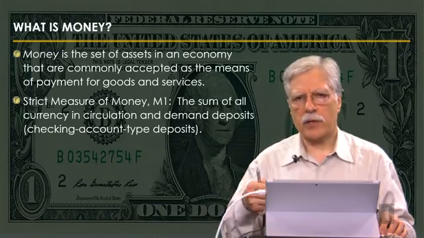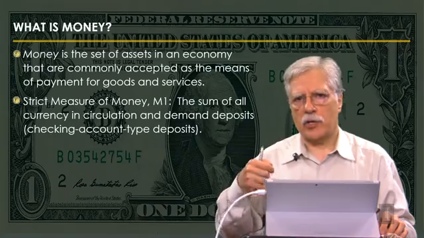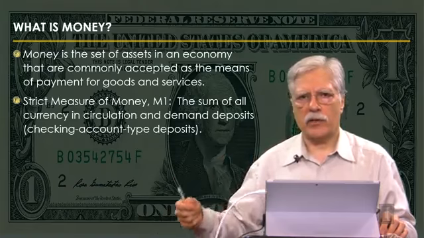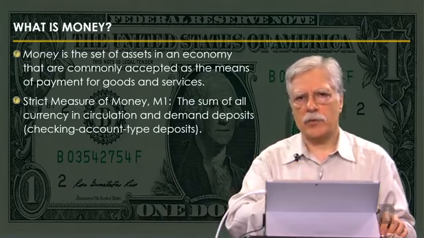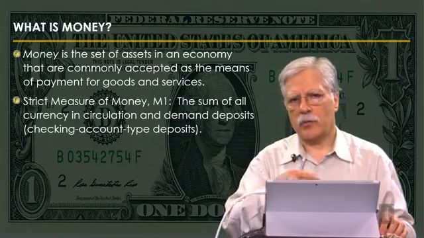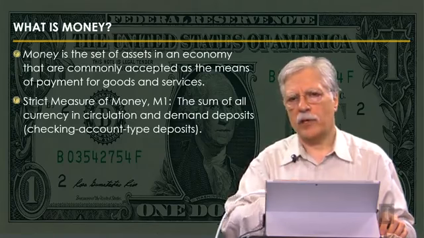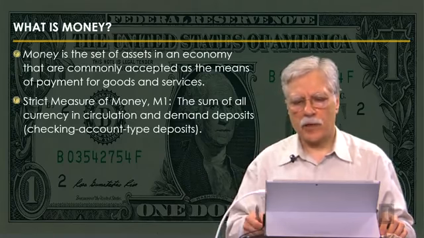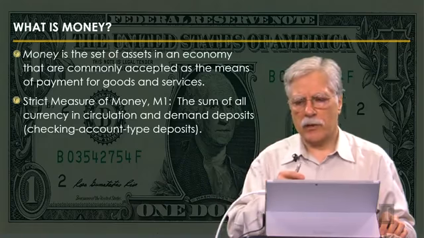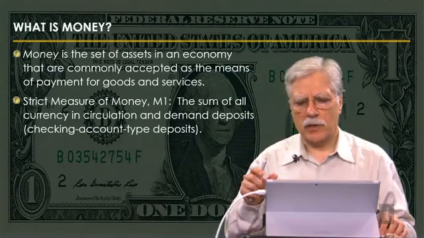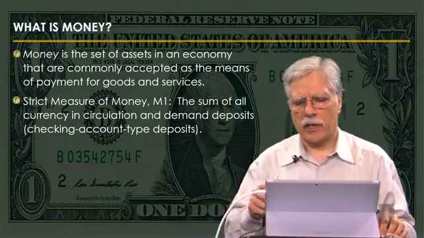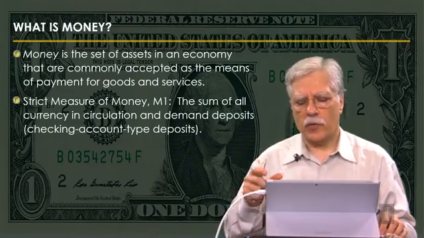When you purchase something, the vendor charges the checking account of the credit card company, and then later on the credit card company comes to you and you pay the money in your checking account, or whatever form you've kept it, back to the credit card company. So if we add up all the credit available in the checking accounts and also the money in circulation, we've taken account of all liquid forms of payment.